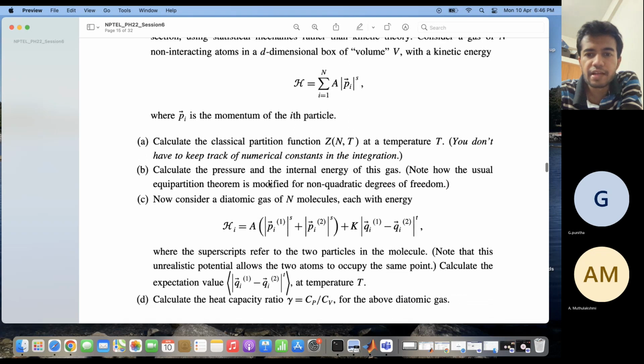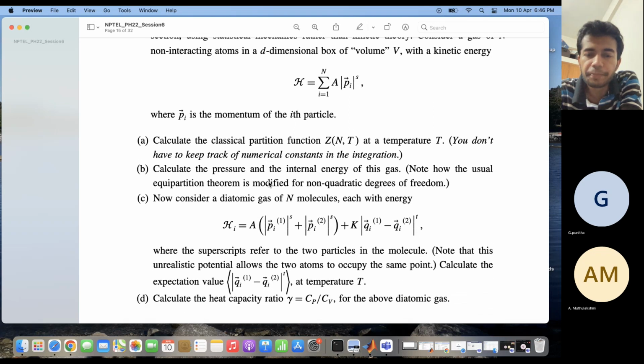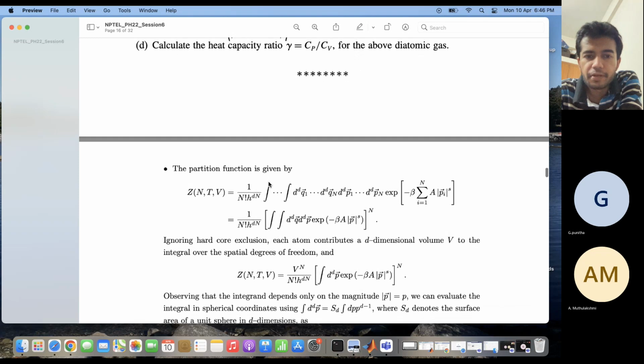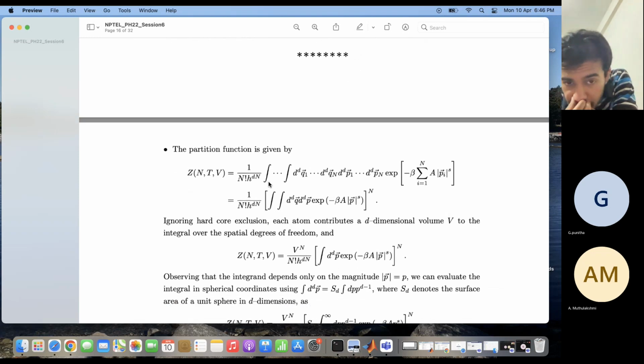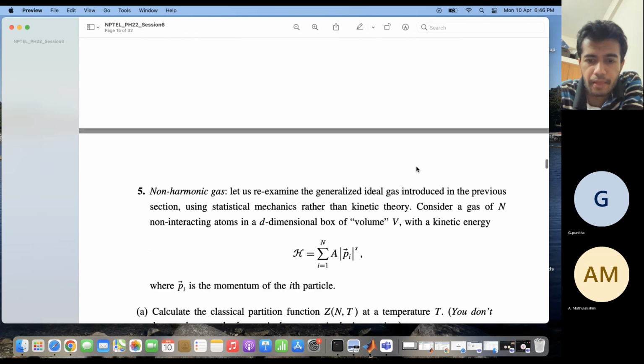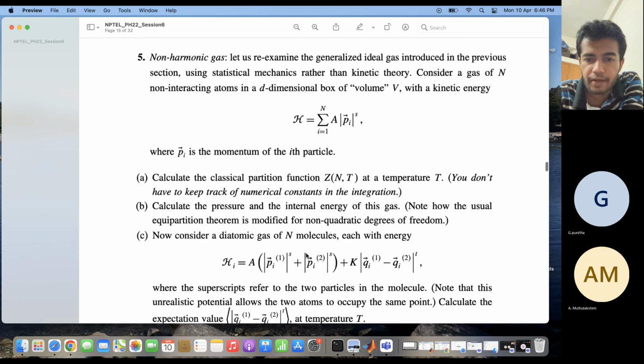First you have to calculate the classical partition function at temperature T. So what is the partition function? It is basically the integral over e to the power minus beta H, and H was given by this quantity over here.